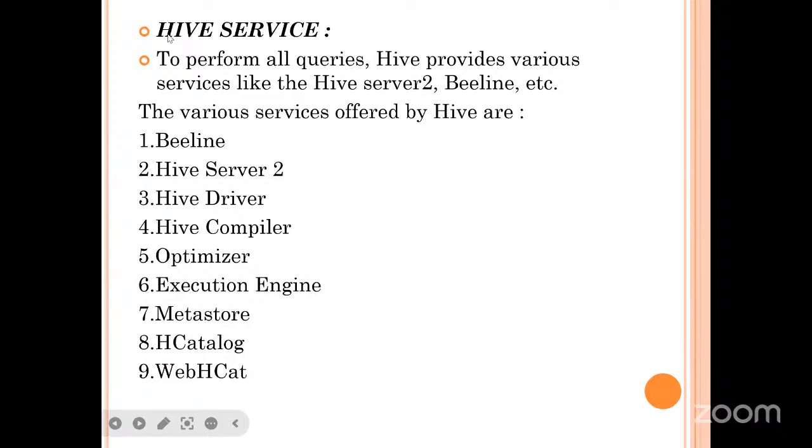Next, you're having the metastore. Next, you're having the Hive catalog, HCatalog. H means Hive. The next one is WebHCat. So these are the services which are provided by Hive.